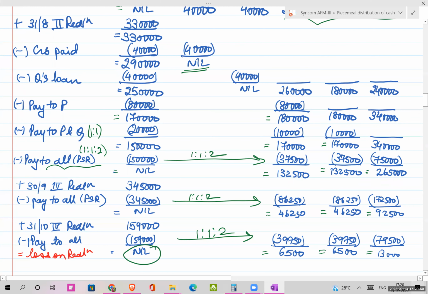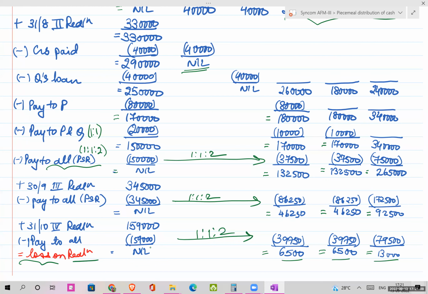My entire cash is finished out of selling my assets, and still 6,500, 6,500 and 13,000 remain to be paid to P, Q and R, but now I have no more cash. Okay, so this is called loss on realization, or you can even call it unpaid balances.